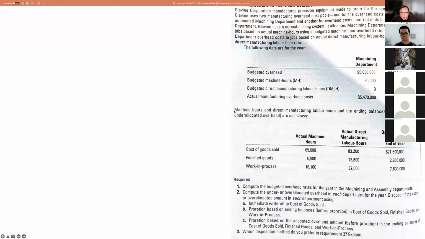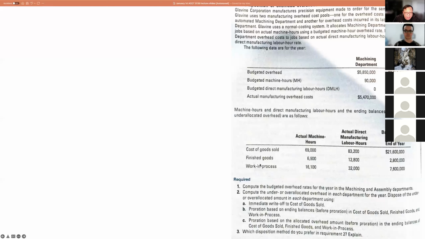And then the actual machine hours, the direct manufacturing labor hours, and the ending balances, before proration of unallocated overhead, are as follows. There are three accounts, and these three accounts are important: cost of goods sold, finished goods, and work in process. These lower two lines are for the inventories, the product costs sitting on the balance sheet.